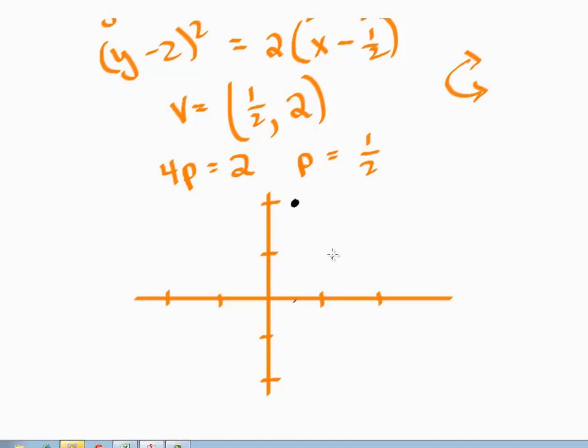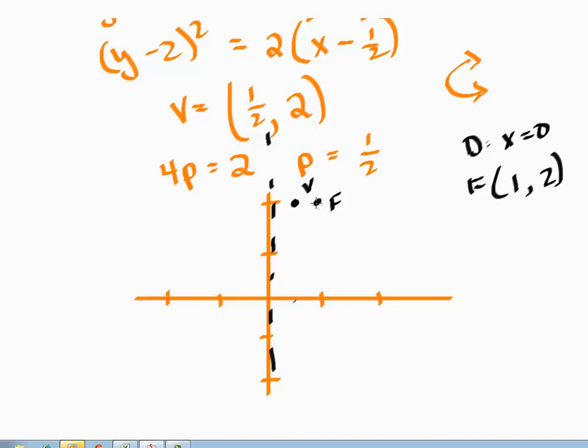Okay, so this is going to be my vertex. I go right 1/2 to get to my focus point. I go left 1/2 to get to my directrix. So my directrix is going to be x equals 0. My focus, remember that's a point, is going to be 1, 2.